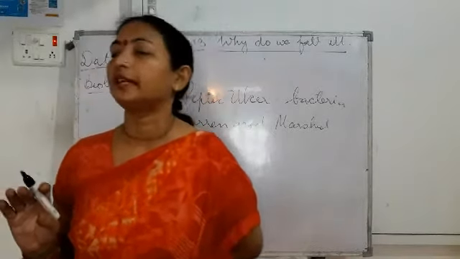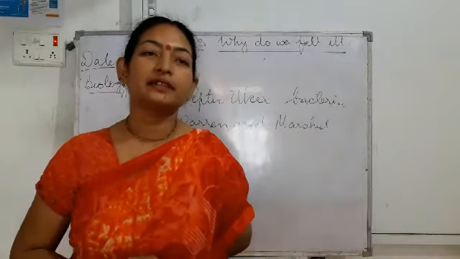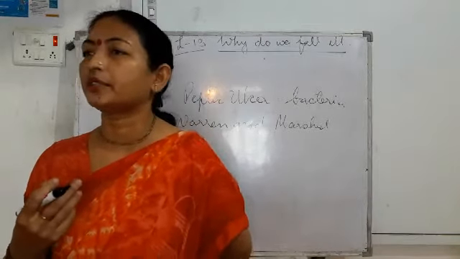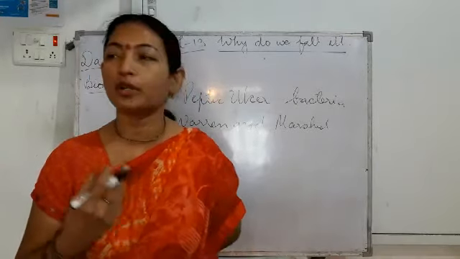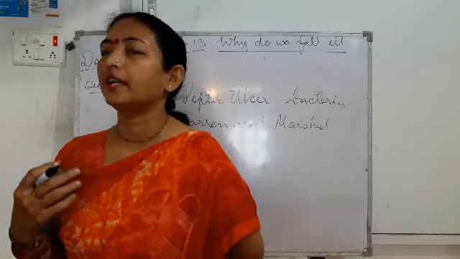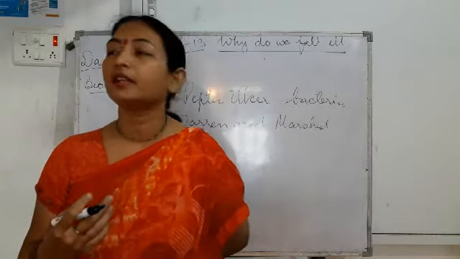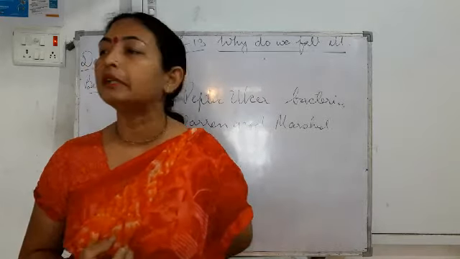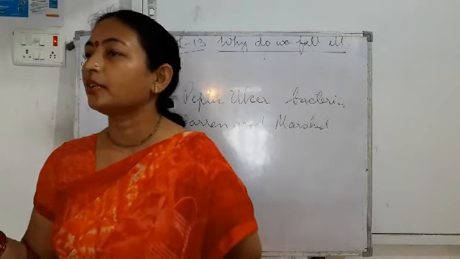Earlier it was thought that peptic ulcer is caused due to acidity, due to lifestyle, or due to stress, when more acid is liberated, and then due to the ulcer you have abdominal pain and sometimes bleeding in the abdomen or stomach.